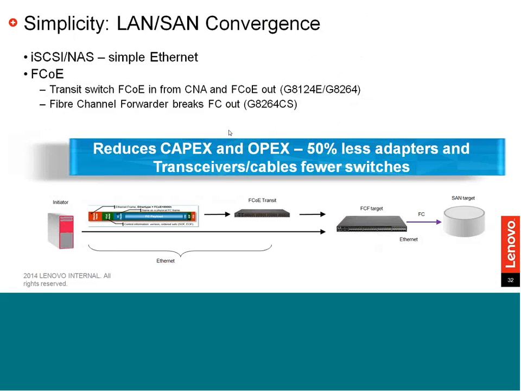So, another simplicity. I had a slide that I took out just because it doesn't really show much, but I can tell you that storage, everyone knows, is growing, and the need for storage is growing exponentially or by very large percentages every year. And still, I would say a majority of the customers that I work with still have separate Ethernet and Fibre Channel networks.